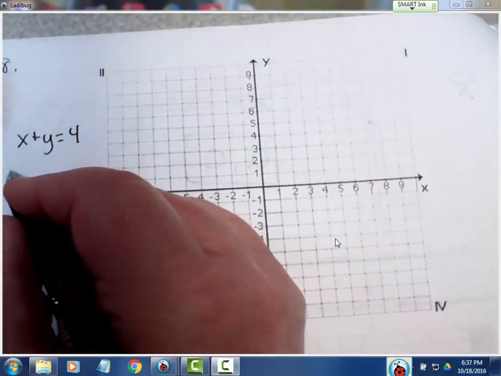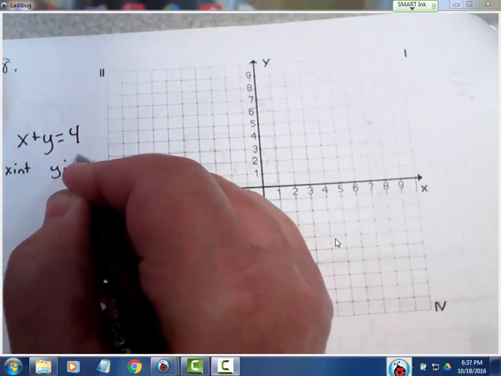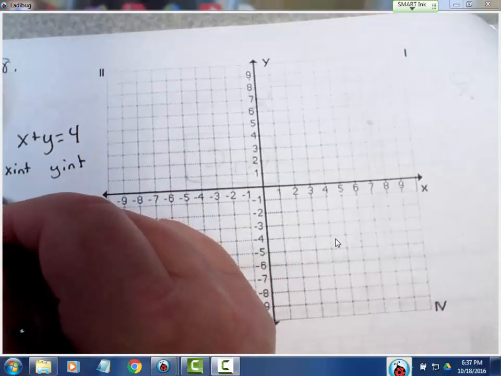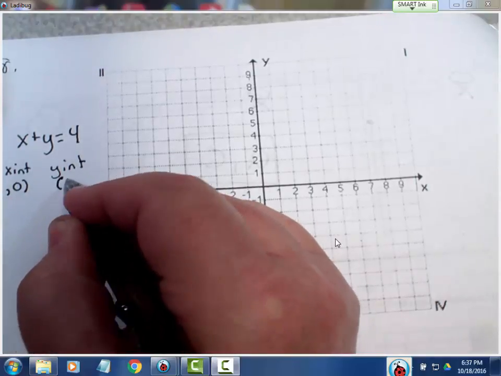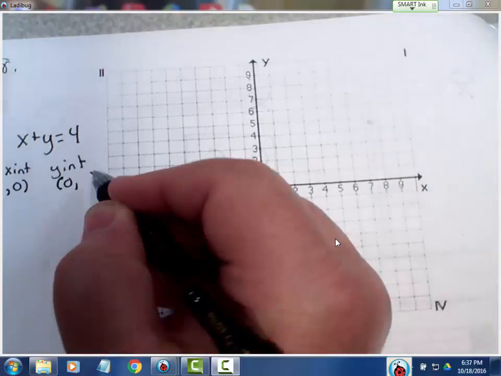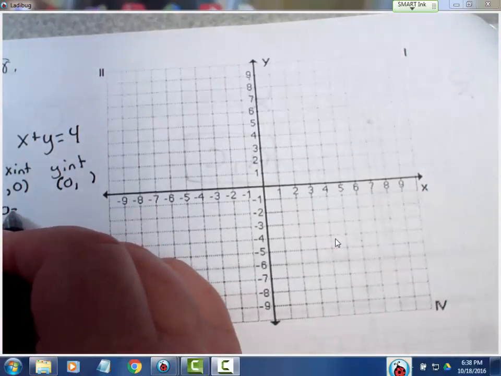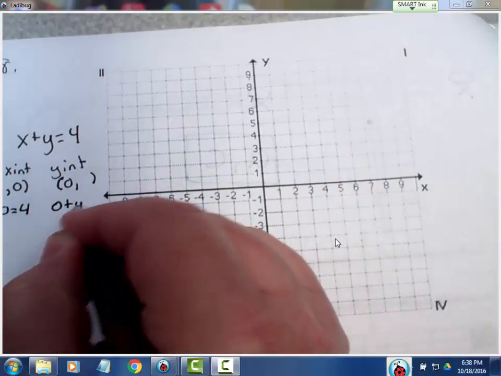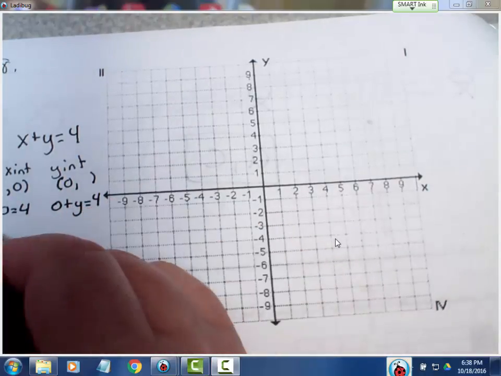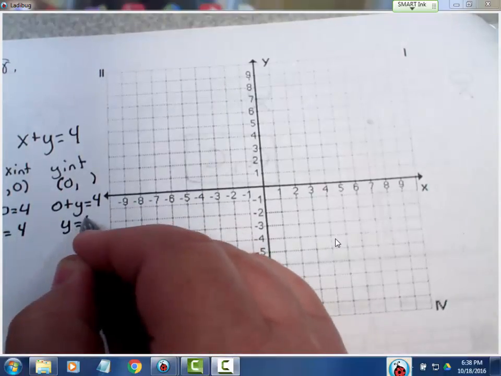So if we go with the x-intercept, y-intercept idea, we know that the x-intercept will be some number, comma 0, and the y-intercept will be 0, comma some number. Okay, so what that means for us is x plus 0 equals 4, and 0 plus y equals 4. In both cases, our variable is equal to 4.